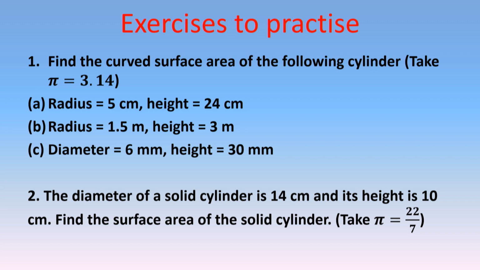Do you still remember how to find the radius if you're given the diameter? Yes, diameter is twice radius. So diameter is 2r, then you need to find r. The second question, you need to find the surface area of a solid cylinder. Remember, solid cylinder means you have two circles, one at the top and one at the bottom.